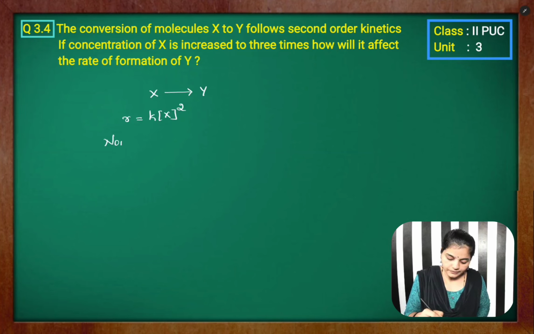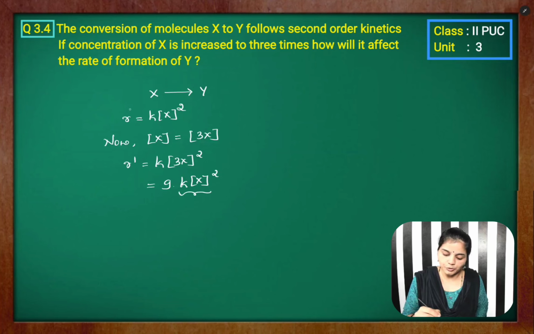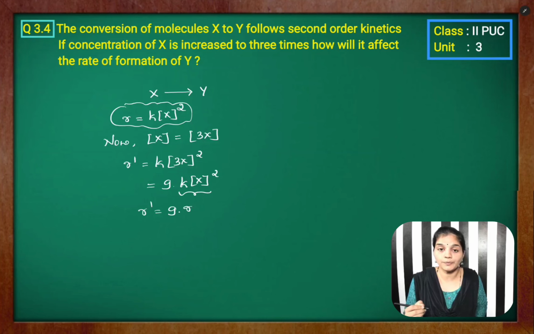So now concentration of X will become 3 times the concentration of X. Okay, substituting this into the rate law, I can write R prime, which is equal to K into 3x squared. So this will become 9 into K concentration of x squared. So we know this K into x squared is the initial rate. So I can write R dash is equal to 9 into R.